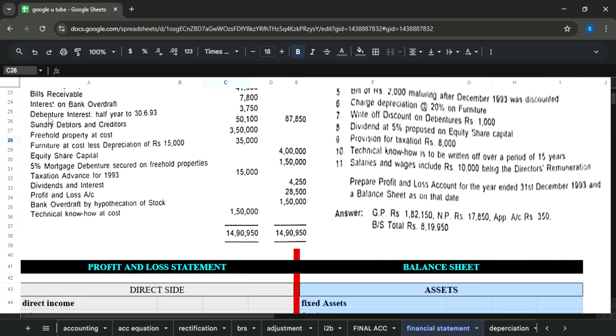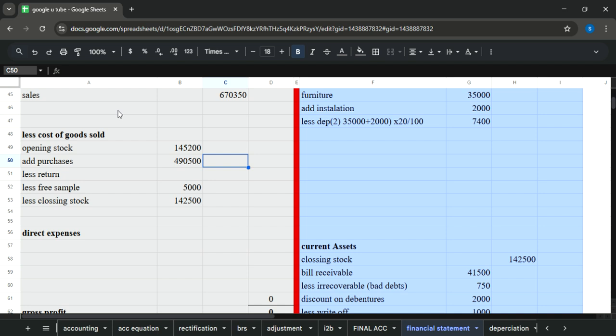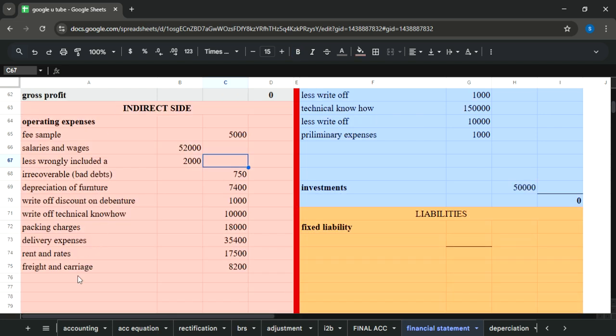After interest, debenture interest would be mentioned over here on the indirect side. You know there are three parts.